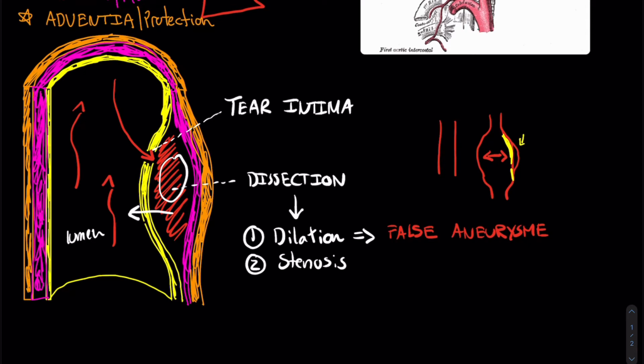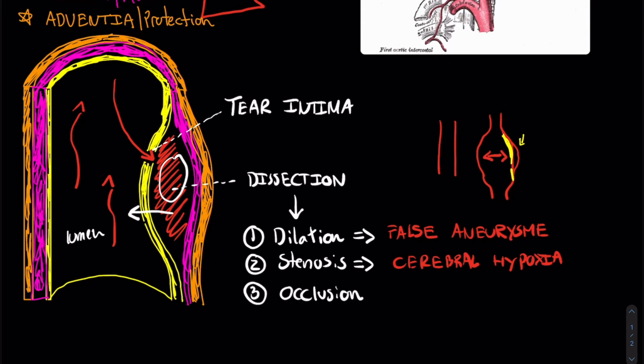So if you have less space than before, there will be less blood going to the brain, right? And so stenosis can cause cerebral hypoxia. Again, if more and more blood accumulates, causing more stenosis, it can actually clog the whole artery, and so no blood can go to the brain.